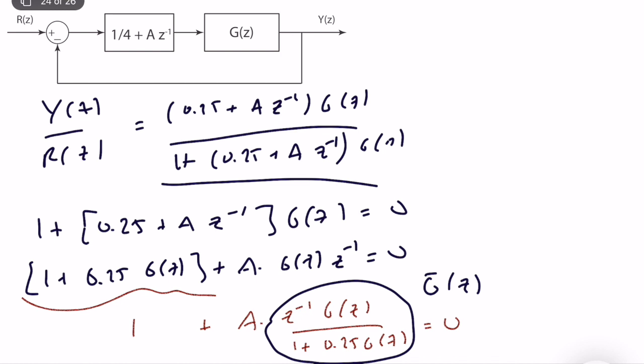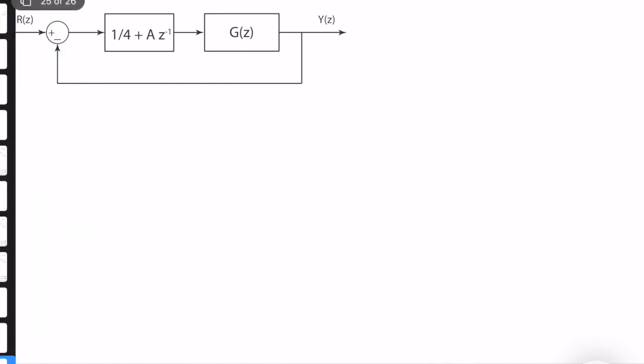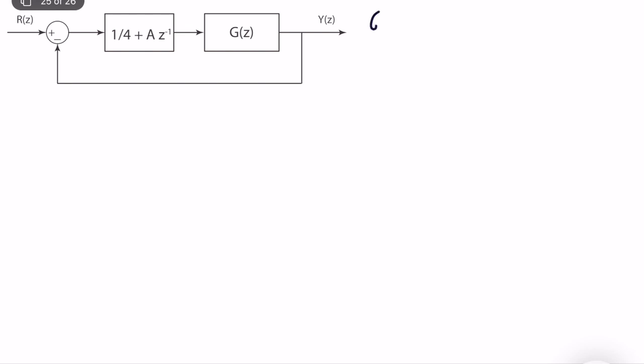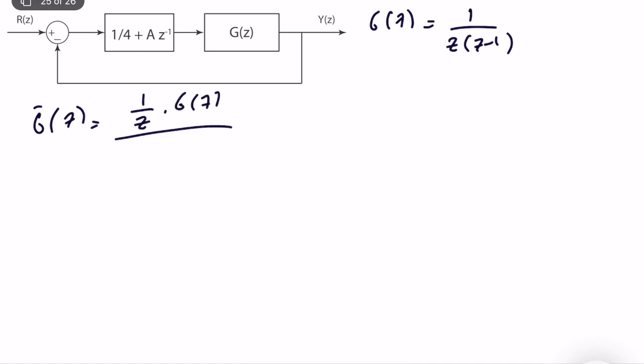If we draw the Root-Locus with respect to G bar(z), then we technically draw the Root-Locus diagram with respect to a. So let's solve an example. It is given that G(z) is equal to 1 over z minus 1. So G bar(z) is equal to 1/z times G(z) divided by 1 + 1/4 G(z).